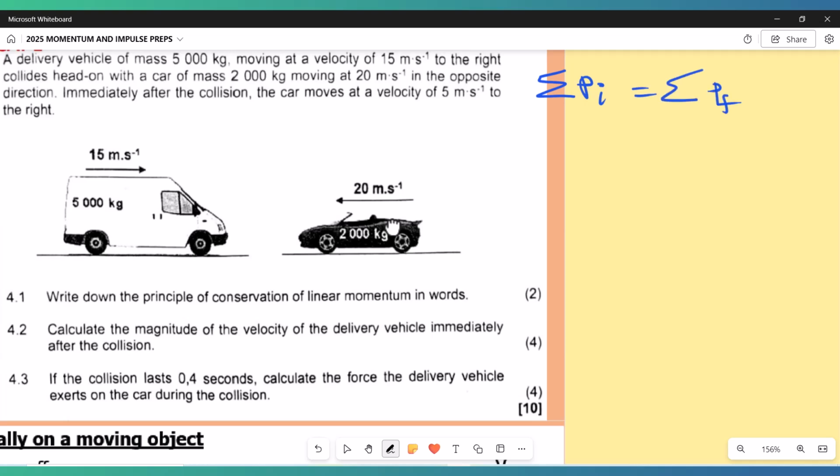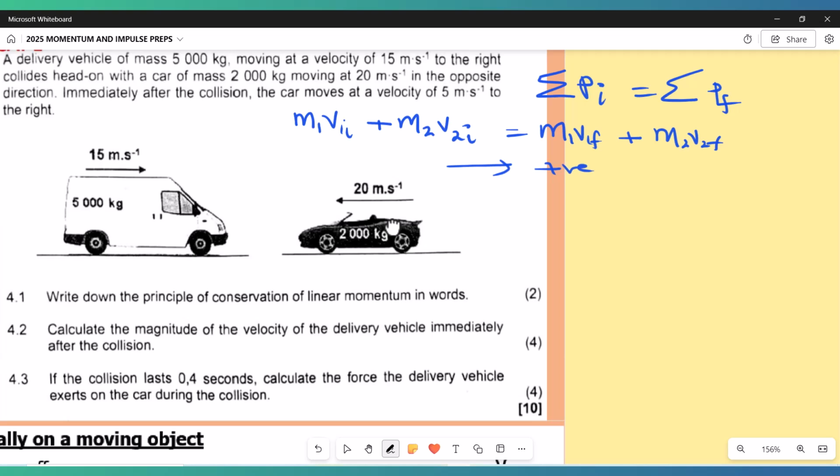In other words, the mass of the first vehicle, m1 v1 initial, plus m2 v2 initial should give us m1 v1 final plus m2 v2 final. Now we can choose east as positive. So if we choose east as positive, it means that west is going to be negative.